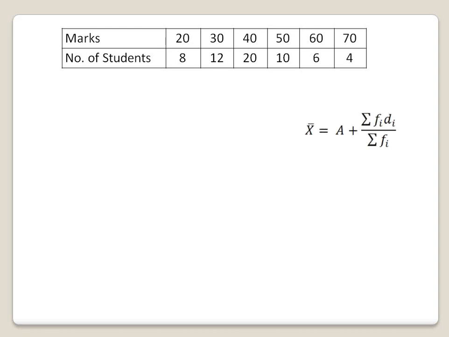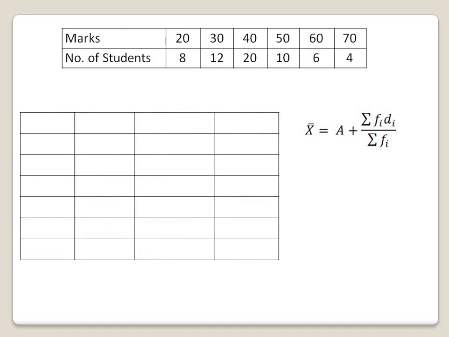Let us see what is the formula for assumed mean method to find mean, that is x bar equals a plus sum of fi into di divided by sum of fi. Here a is assumed mean, fi is frequency and di is deviation. Let us see xi, meaning marks.